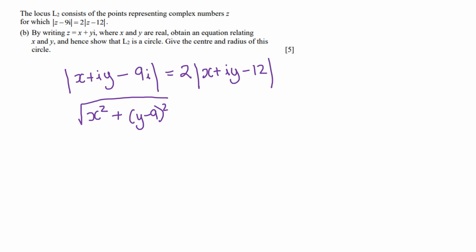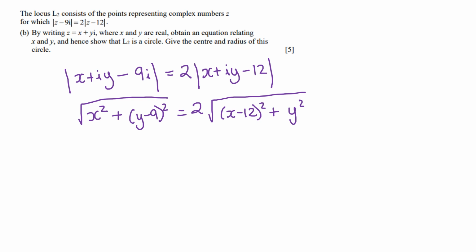And then we've got that equal to 2 square root, the reals x minus 12 all squared plus the imaginary squared. So all I'm really doing is Pythagoras, because you're doing like the length. Well, you probably know what I'm on about.